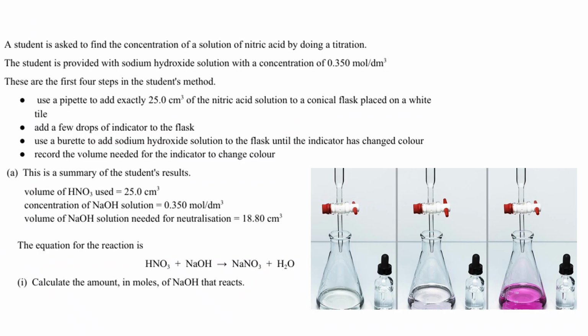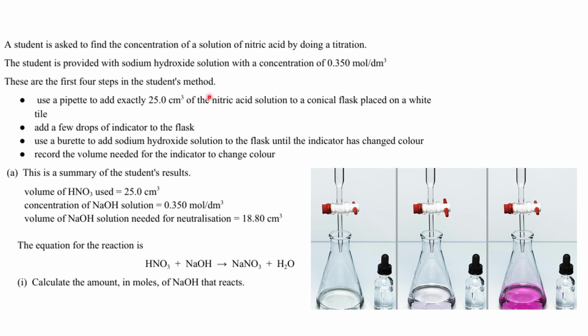Here is a problem related to practical. A student is asked to find the concentration of a solution of nitric acid by doing a titration. This is the experiment which we call titration. The student is provided with sodium hydroxide solution with a concentration of 0.35 mole per decimeter cube.